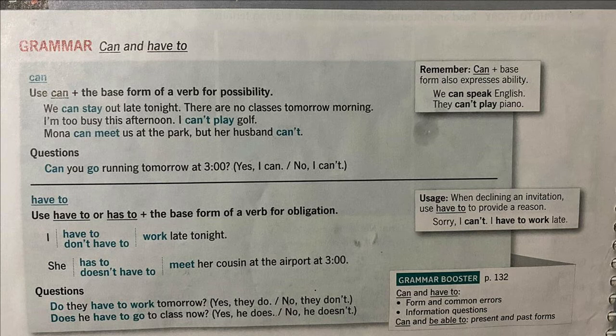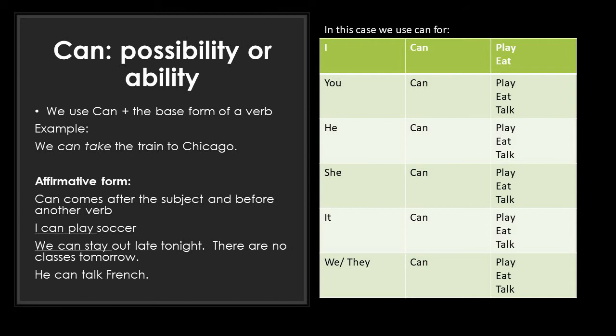Now I'm going to show you how you can use can for affirmative statements, negative statements, and questions. As you can see, we use can for possibilities or abilities. So in this case we use can plus the base form of a verb and the complement.